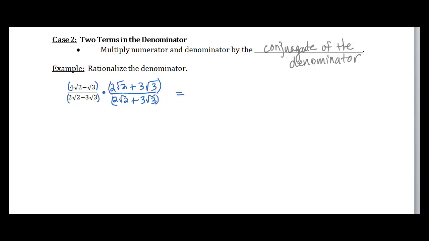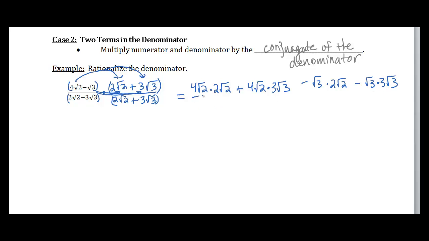Okay? So I'm going to multiply using my FOIL method on my numerator. And I'm going to write it all out so I won't mess up. So 4 square root of 2 times 2 square root of 2, plus 4 square root of 2 times 3 square root of 3, minus the square root of 3 times 2 square root of 2, minus the square root of 3 times 3 square root of 3.